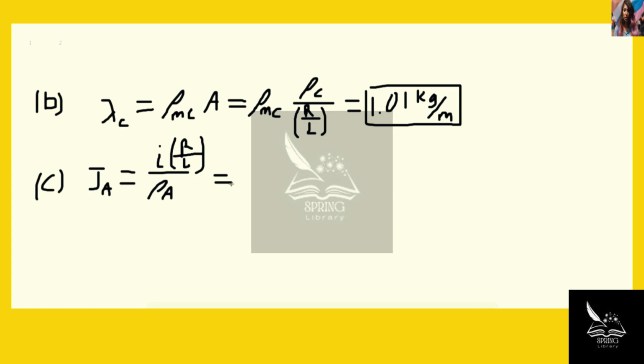Okay, so we plug those values in, and this comes out to be 3.27 times 10 to the fifth amperes per meter squared.